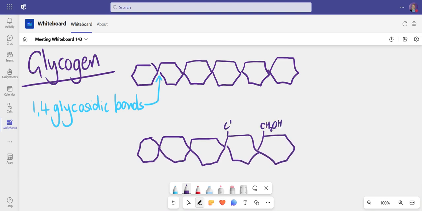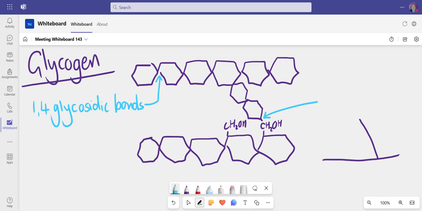We're just simplifying it, not drawing it every time. But what happens is joining onto that carbon, we get another chain joining on, going off like that. Now, often we wouldn't draw it like that. We would just draw it as a chain with a branch like that. Okay, we'd simplify it.